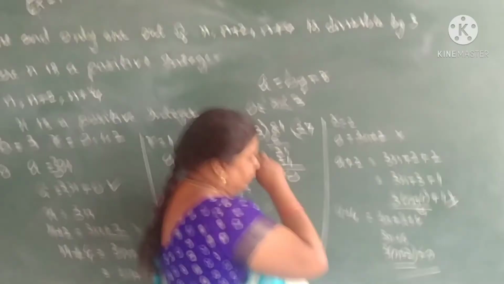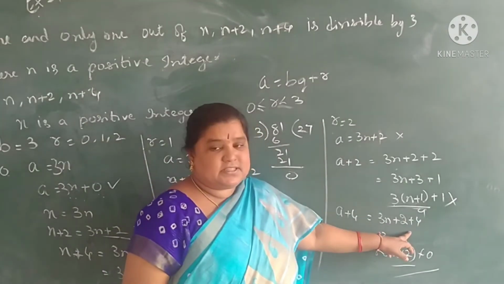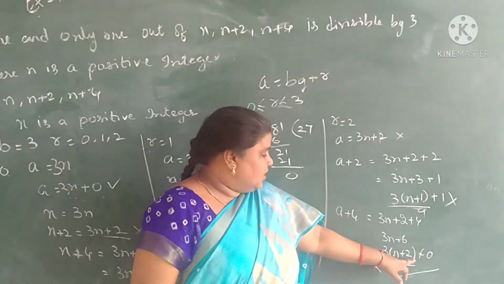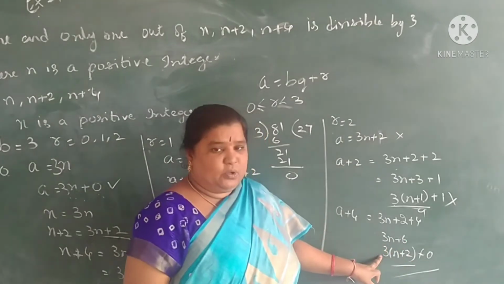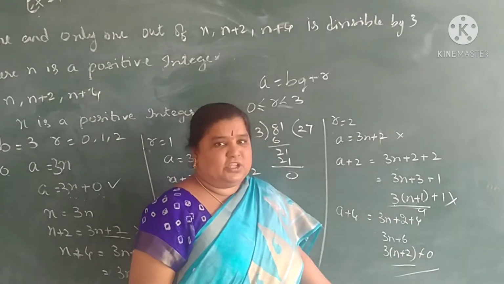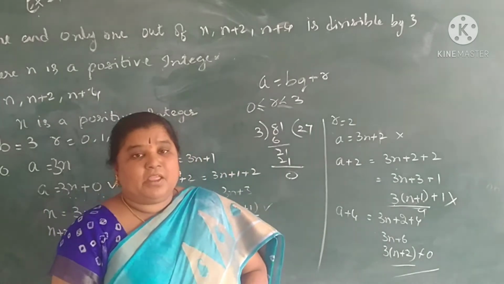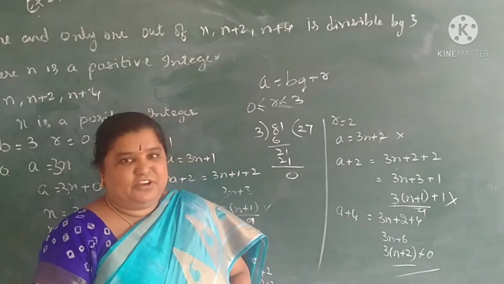Now a plus 4 is 3n plus 2 plus 4, which is 3n plus 6. Taking 3 common, we get 3 into n plus 2. No remainder, the remainder is 0, so it is divisible by 3. By this, exercise 1 is finished, children.